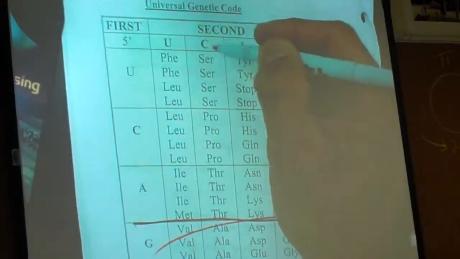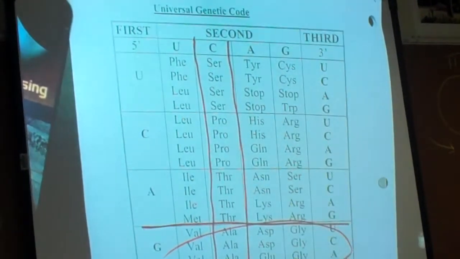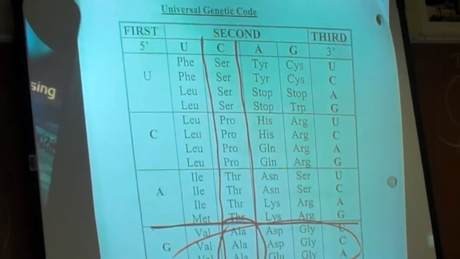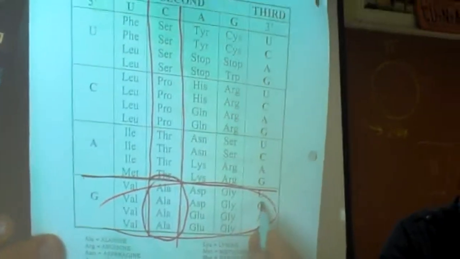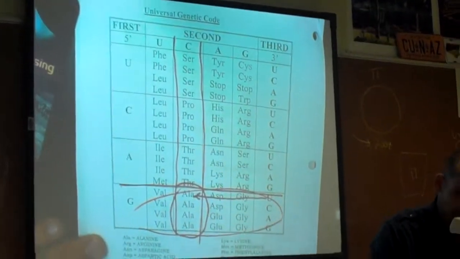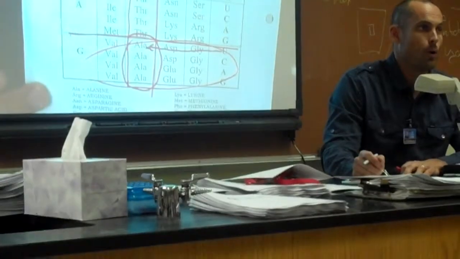We go to the C. C means that we're in this column, and this is this row, which narrows it down to this group right here. U, we go down to here in this block. That's the amino acid that we're using. You got it? You guys didn't get that yesterday? Okay.